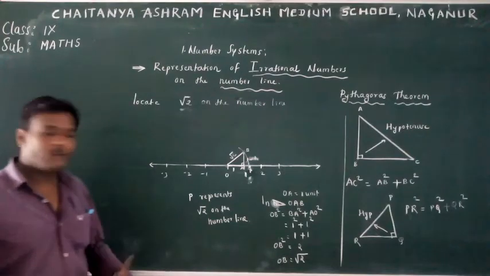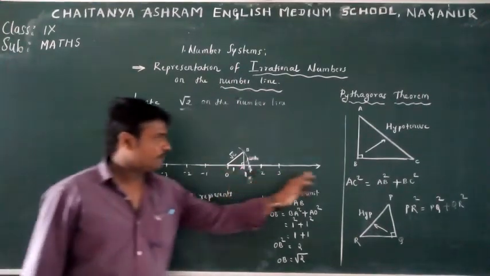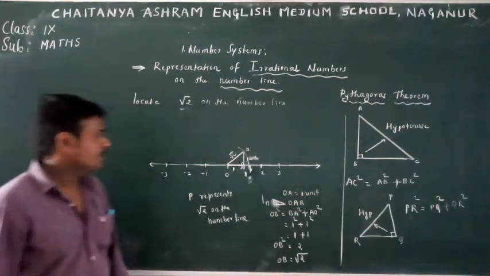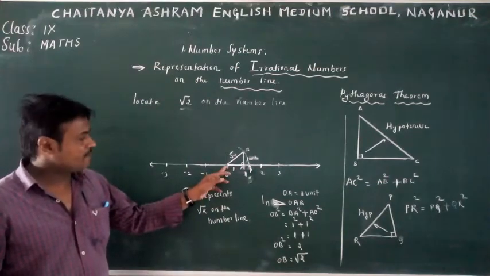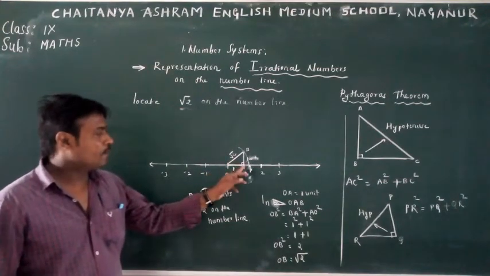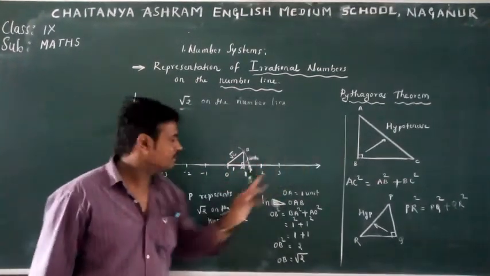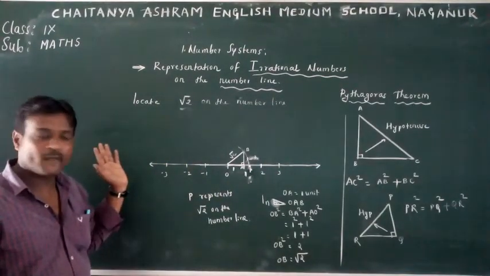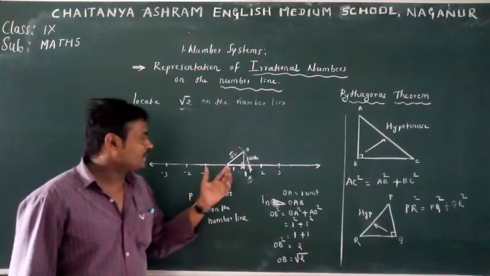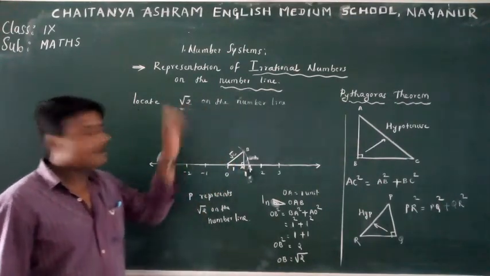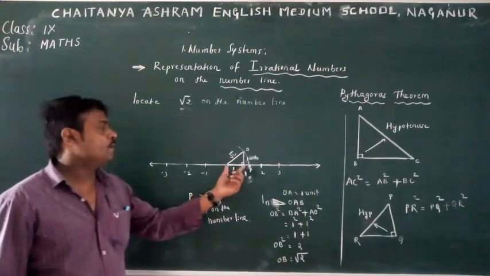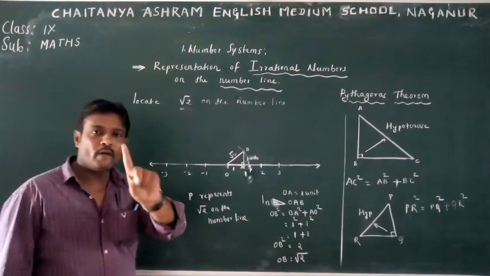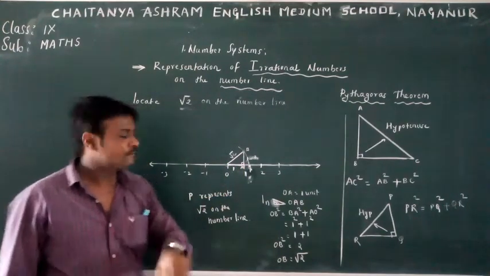Clear? So what we did, first we draw a number line. Say take the center point as 0, 1, 2, 3, and so on, minus 1, minus 2, minus 3, and so on. To represent root 2 on the number line, take OA as 1 centimeter or 1 unit.